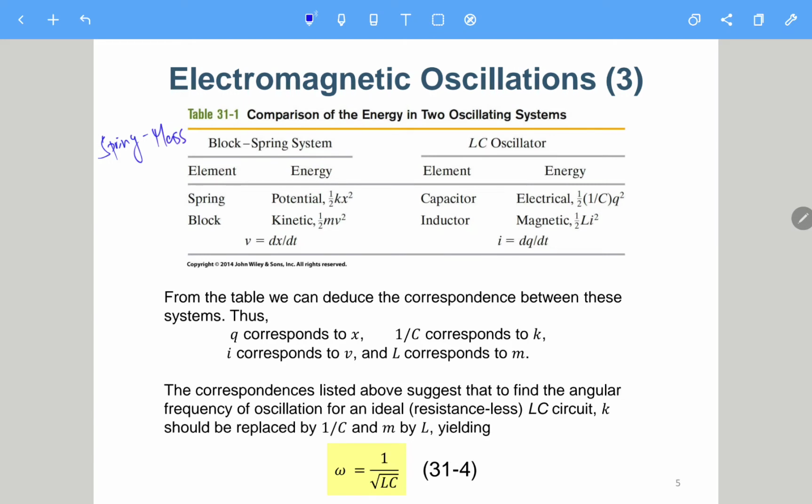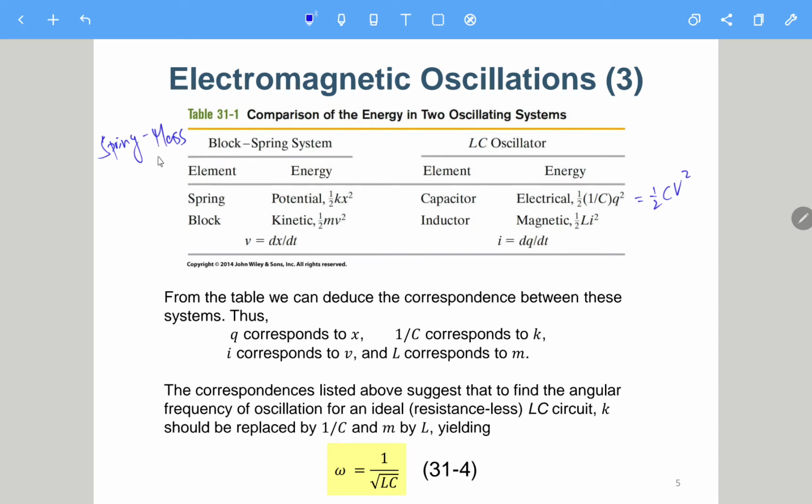Here, for the LC oscillator, we have some energy stored in the capacitor. This energy is half of CV squared, and for the inductor, the energy stored in the magnetic field is half of Li squared, and we have I equals dq/dt.